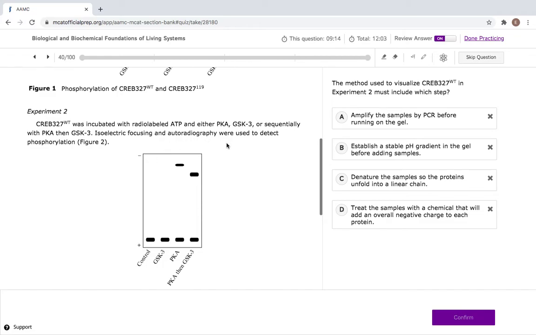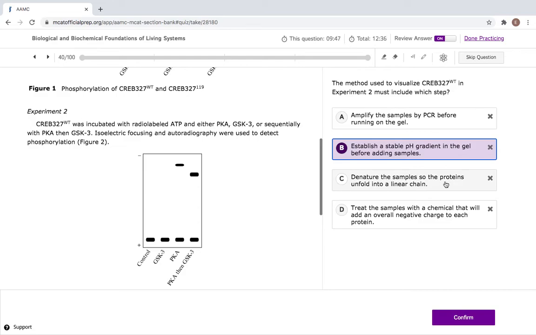So if a protein's negatively charged at pH 7, it will travel toward the positively charged side. It'll go to a pH where it can become neutral and stay there and not move in the pH gradient. That's its isoelectric point. So I knew that from my background knowledge. Establish a stable pH gradient in the gel before adding samples. That makes a lot of sense.